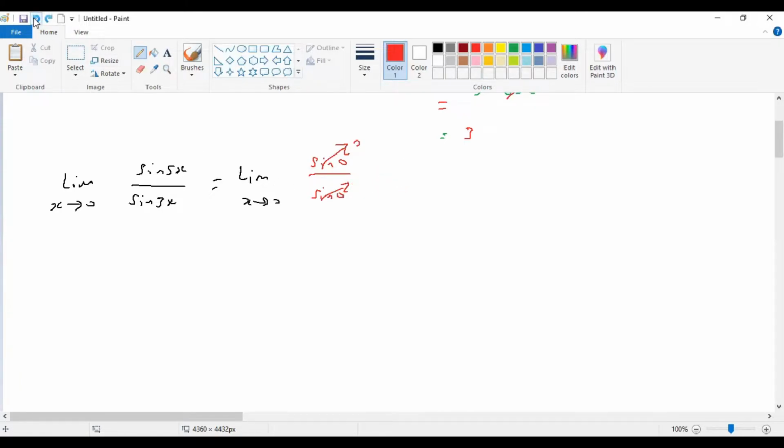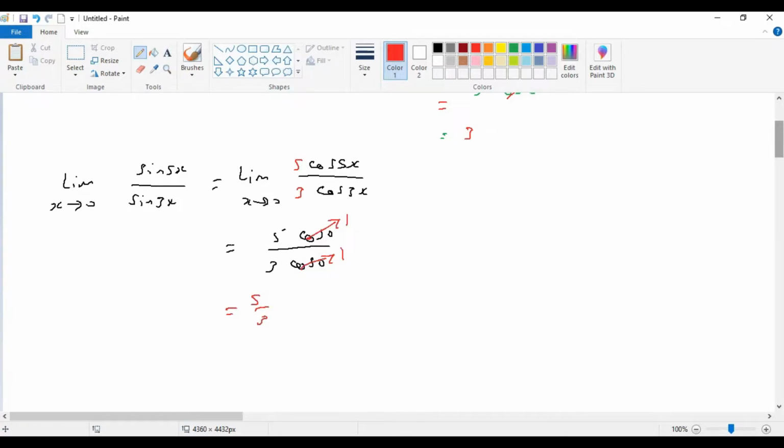So the limit will be equal to: the derivative of the numerator is cosine 5x times the derivative of 5x, which is 5, over the derivative of sine 3x, which is cosine 3x multiplied by the derivative of the angle 3x, which is 3. This equals 5 cosine 0 over 3 cosine 0, because x equals 0. So this is 1 and this is 1. So the answer is 5 over 3.